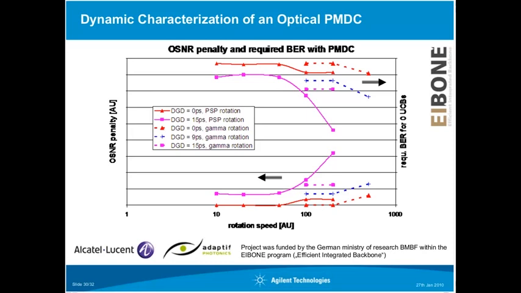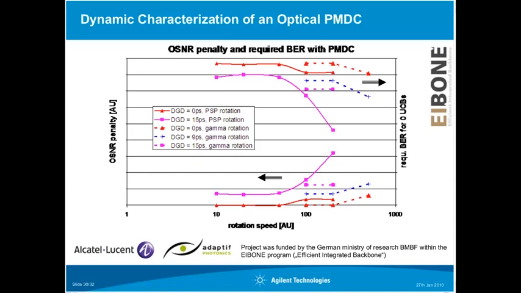And we really increased the rotation rate of the polarization state, and we saw that there's some point where you actually see the bit error rate going high because you are changing the polarization state. And so you really get a characteristic: the higher the speed, the higher the penalties are.